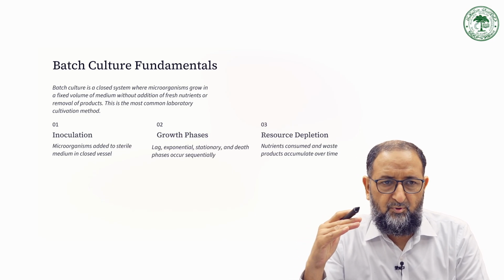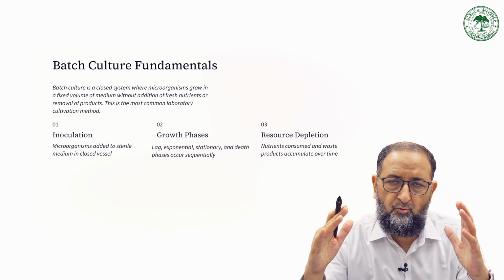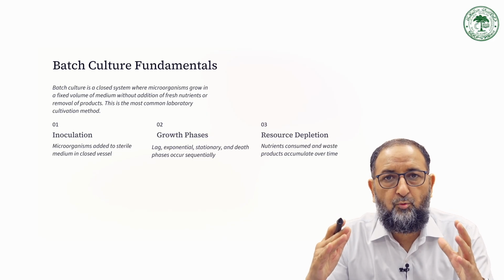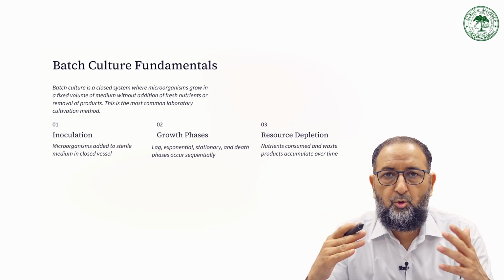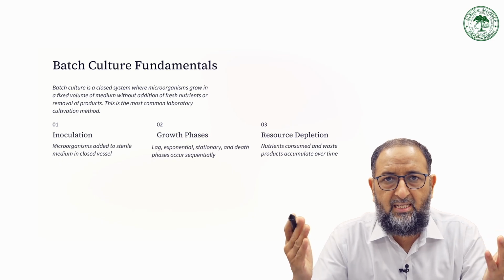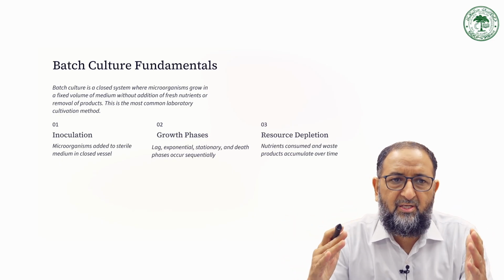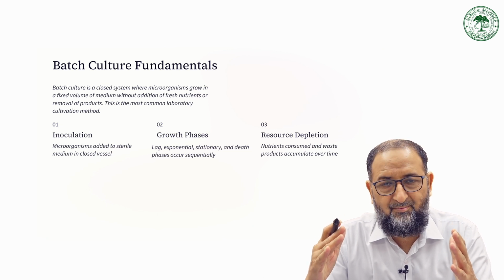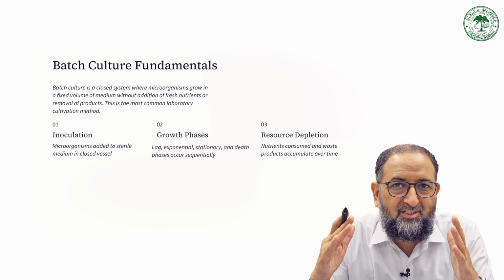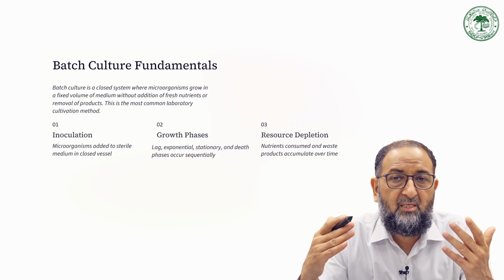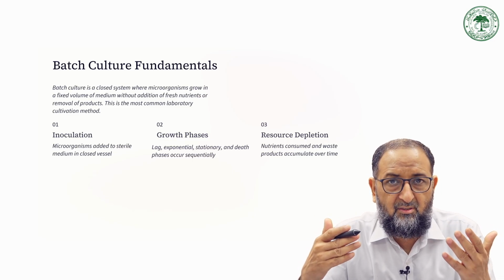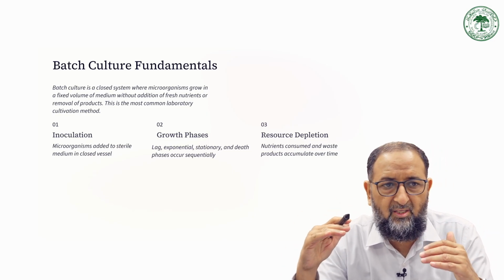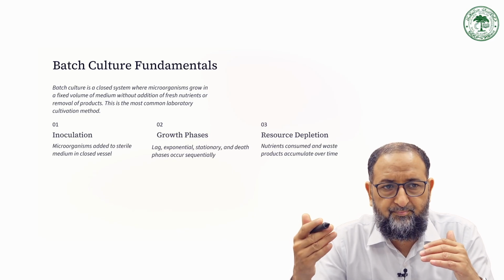So batch culture is a closed system, like in a tube or in a flask or in a fermenter, where the microorganisms grow in a fixed volume, 10 ml, 100 ml, 1 liter, 10 liter, 1 gallon, 10 gallon, in a specified volume of medium without addition of fresh nutrients. When you don't add the fresh nutrients required for culture maintenance, it reaches a certain stationary level, and then the nutrients get exhausted.